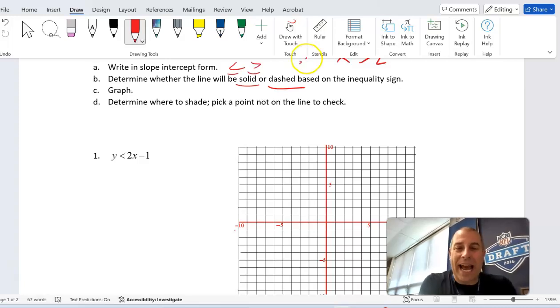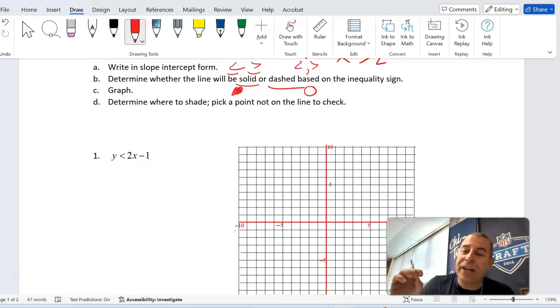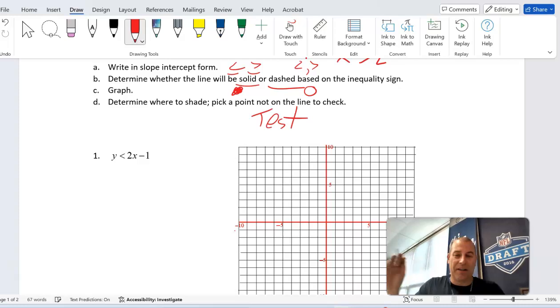Dashed is going to be your less thans and your greater thans. So just like we used an open circle with those, here we use a dashed line, and with or equal to, a solid line. So definite similarities. You're still going to graph like normal, but then we have to figure out which side to shade on. And that's the part where we'll end up picking a point that's not on the line, and what we're going to do is what's referred to as a test. All right, enough talking. Let's get into it.